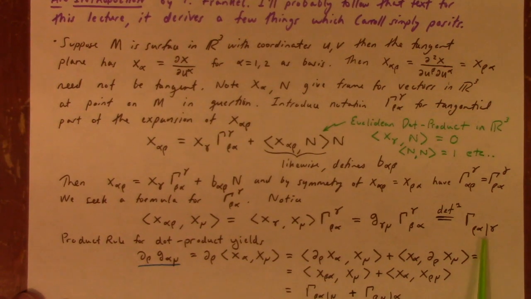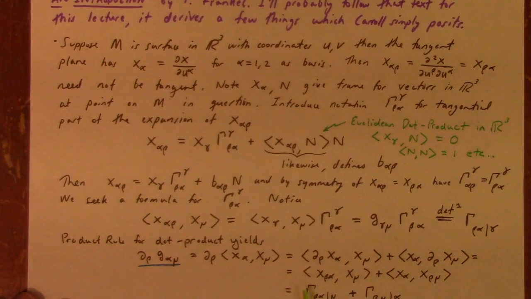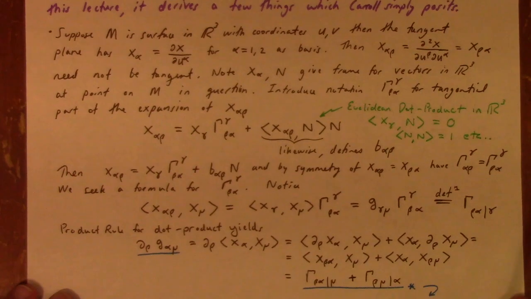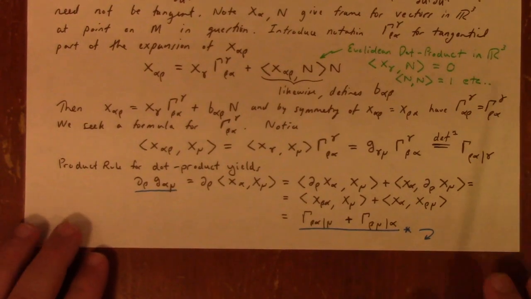He may have done something like a comma, but anyway, let's just say we're going to make that definition that to lower the index we'll lower it to the end like that, and that way we won't have to write the g when contracting over the g, we'll just write that, all right? So on the other hand, if we look at the product rule for the dot product, what happens there? Well, I don't know if you knew this or not, but the dot product has a product rule, right?